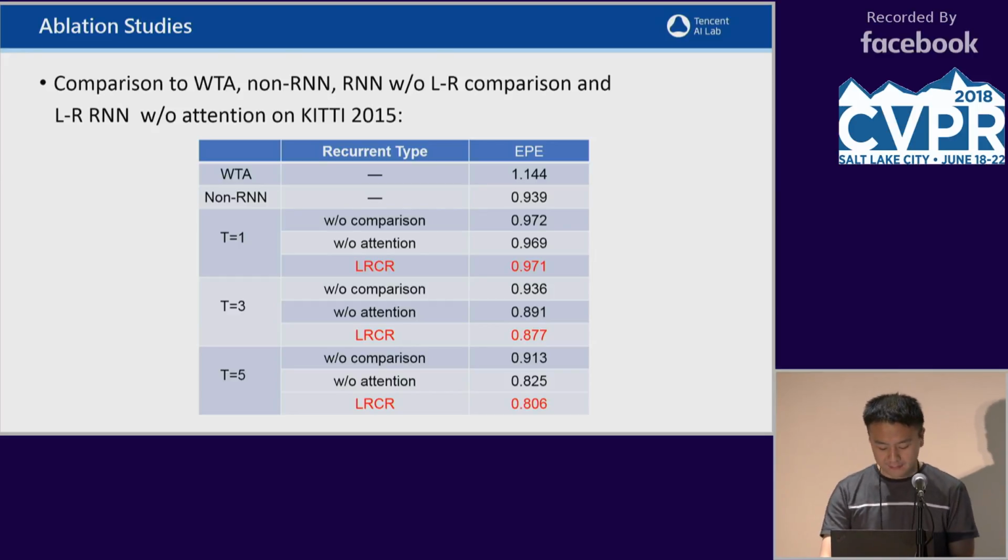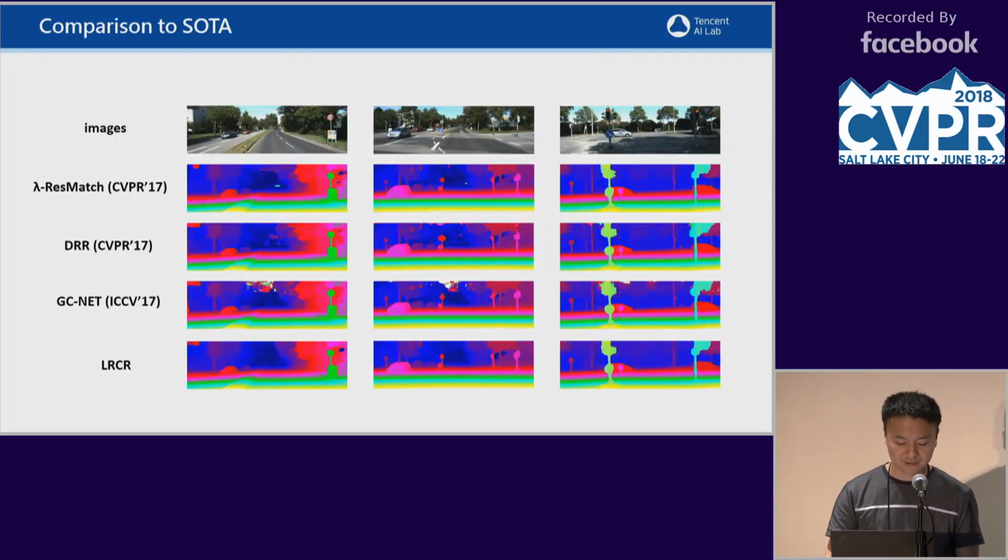We can find that the full version of the LRCR model achieves the best performance, while the version without attention ranks second, the single view recurrent model is third, and the feed-forward disparity network ranks fourth. The winner-takes-all strategy is the worst.